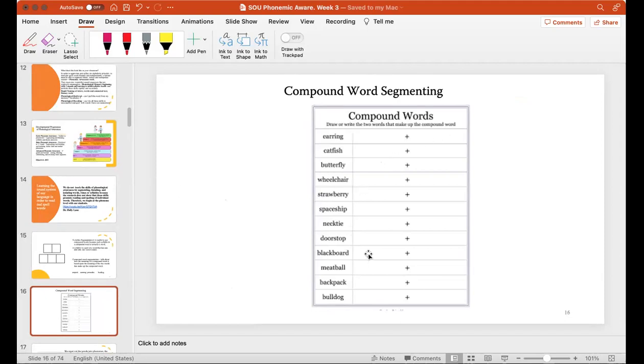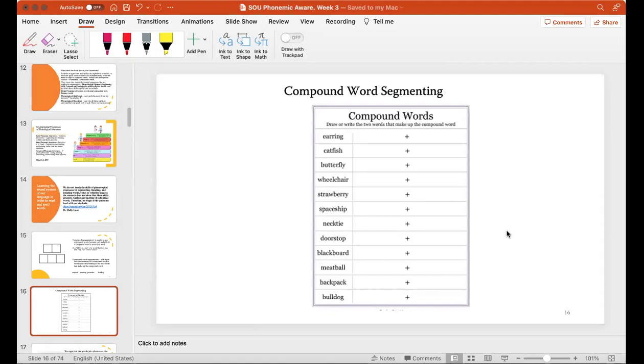So I just found online this wonderful, simple thing of different compound words. Just going over these with your students can help them to understand the concept of what segmenting is. I always love compound words also because it's so interesting to look at where did it come from and what does each part mean.